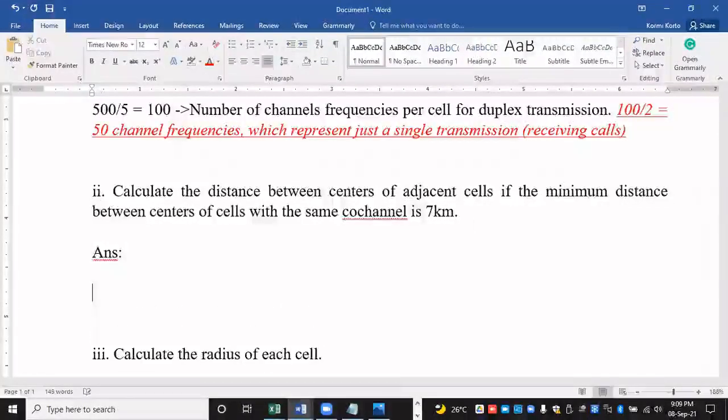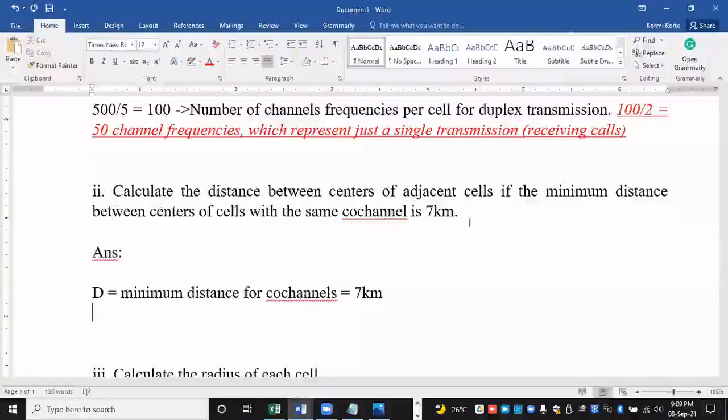In this case, there's capital D, which is the minimum distance for co-channel, and they tell you it equals 7 km.